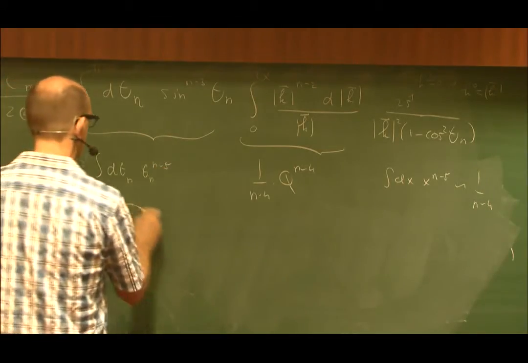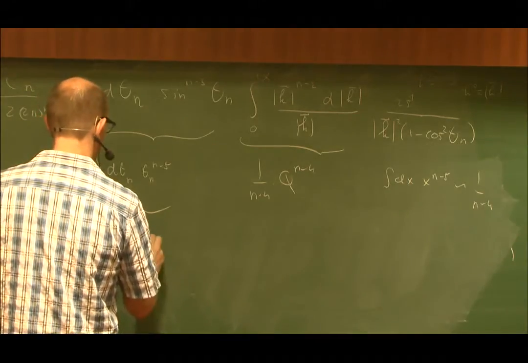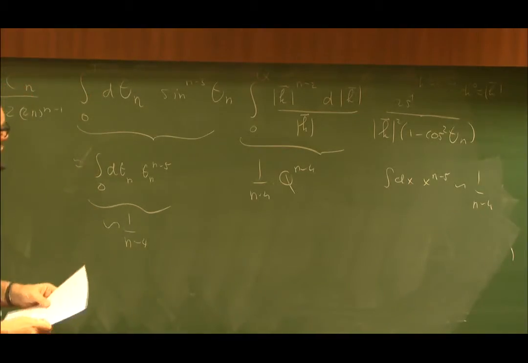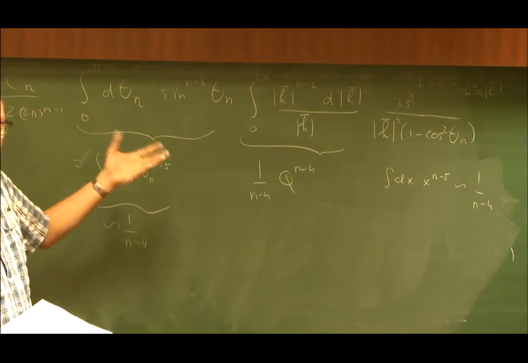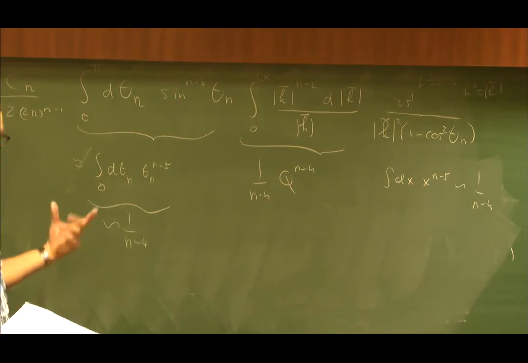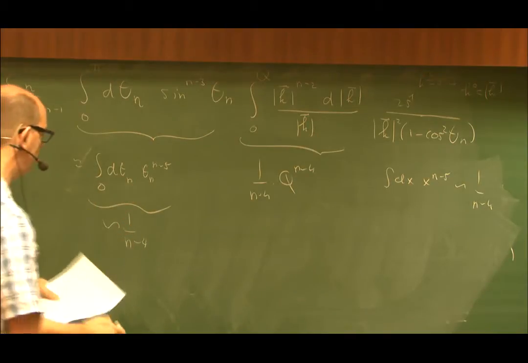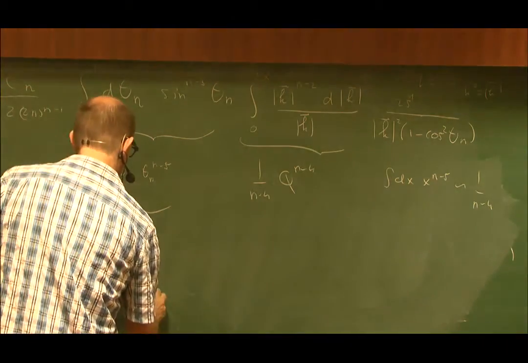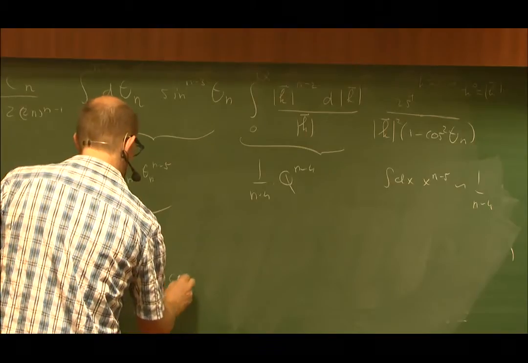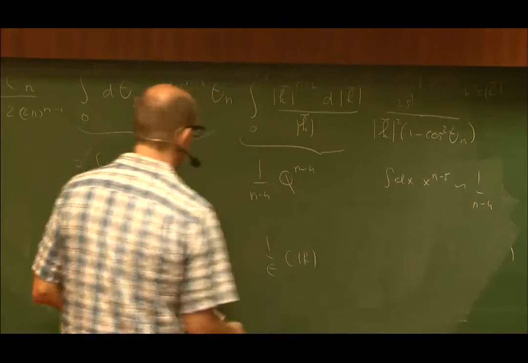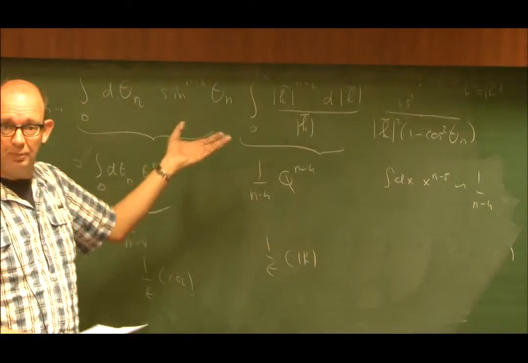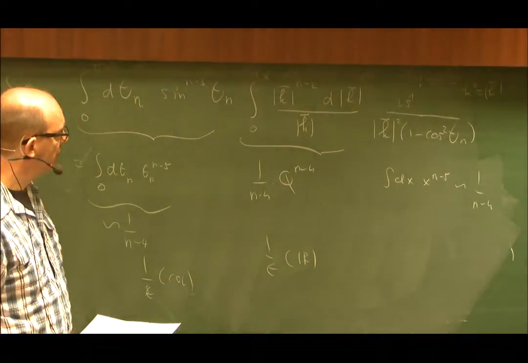That again goes like 1 over n minus 4. This is a bit more tricky because we're looking at the collinear limit. I'm just trying to get the divergence out. So you see here really a double divergence. This is a 1 over epsilon from the collinear, and this is a 1 over epsilon from the infrared. And they can occur together. You have a product in this extreme case.